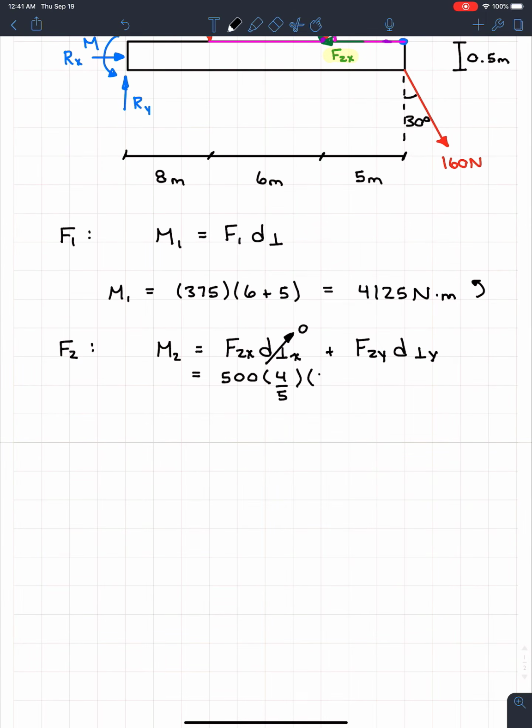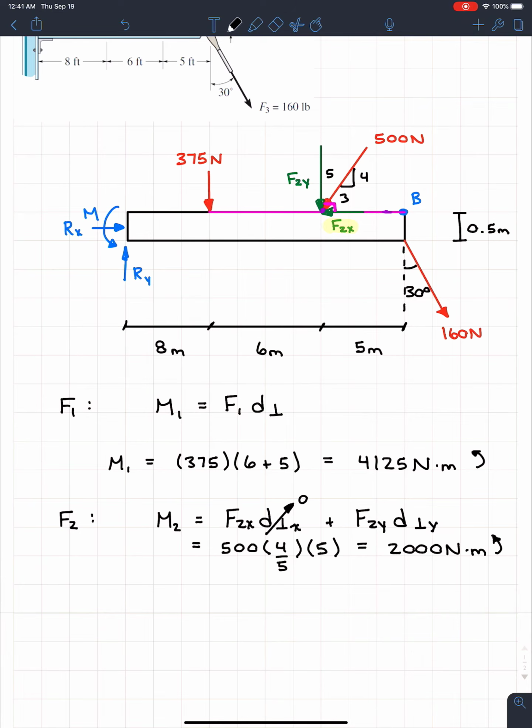So we throw in the 5 at the bottom, and we find that M2 is equal to 2,000 newton meters. And you can tell that this will go in the counterclockwise direction because it's the same as the 375. It's still on that side.